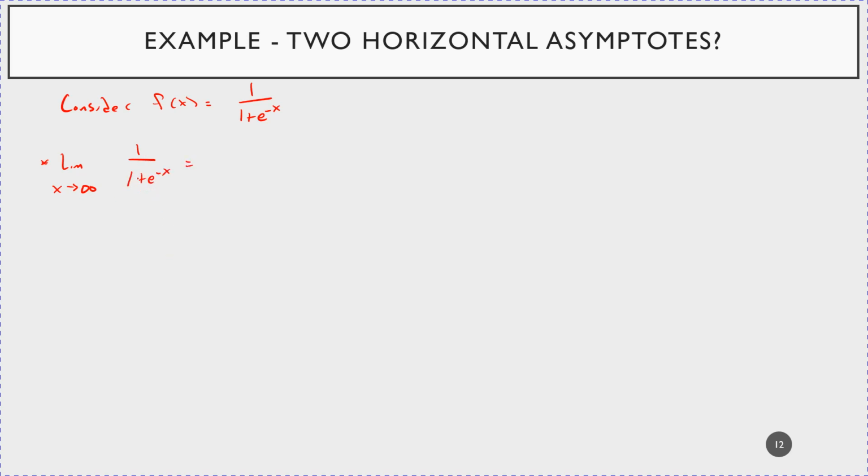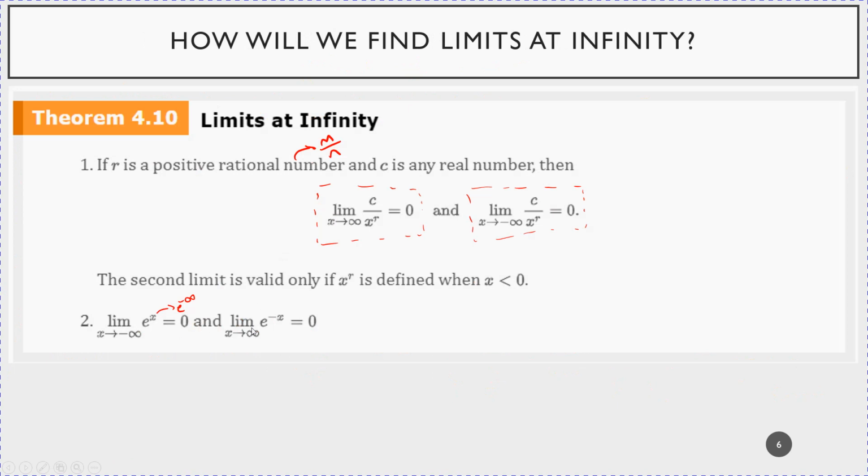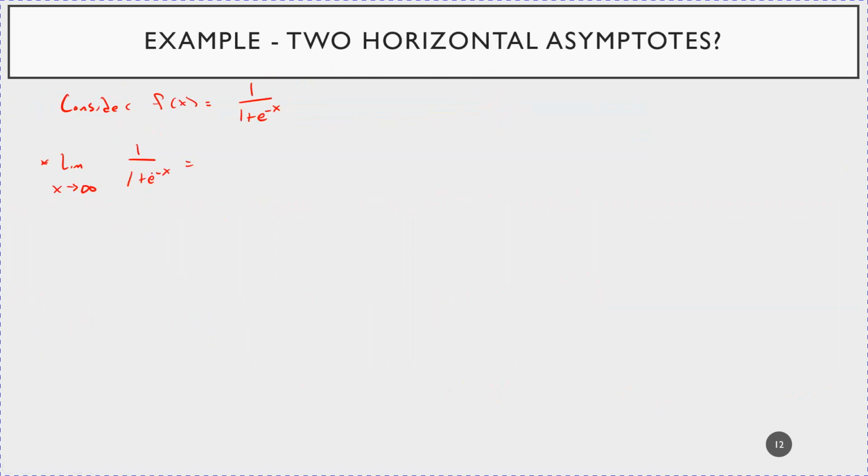Well, look here, as x goes to infinity, what is e to the negative x? Let's go back. Okay, as x goes to infinity, e to the negative x is 0. So this is 1 over 1 plus 0, which is just 1. But now notice, this is really cool. Notice what happens with the limit as x goes to negative infinity of 1 over (1 plus e to the negative x).